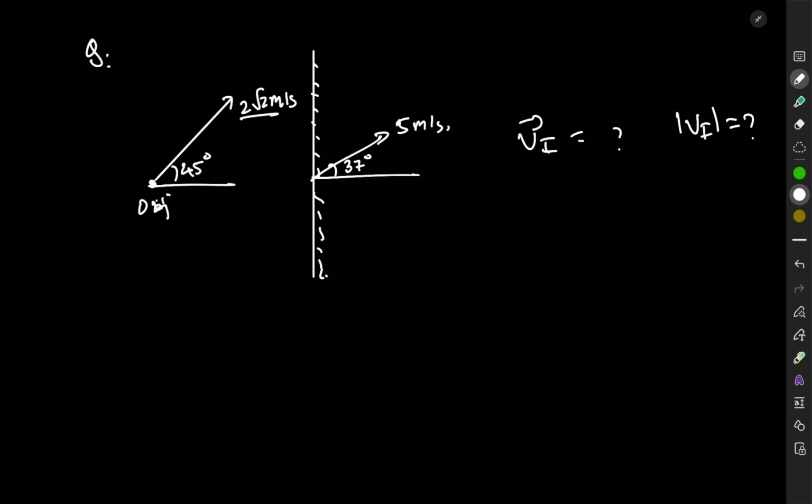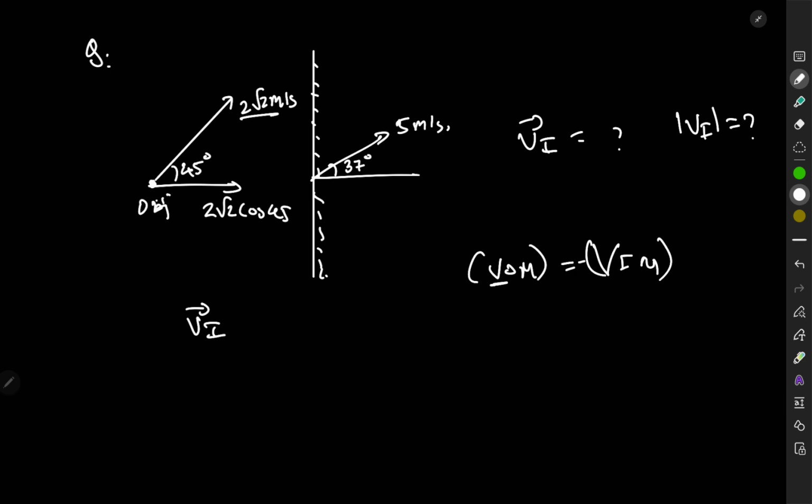VOM is equal to minus of VIM. Fine. So think what we should do. So velocity of image, can I tell what's this? 2√2 cos 45. What is cos 45? 1 by √2. Okay, sin theta, same 2, right?